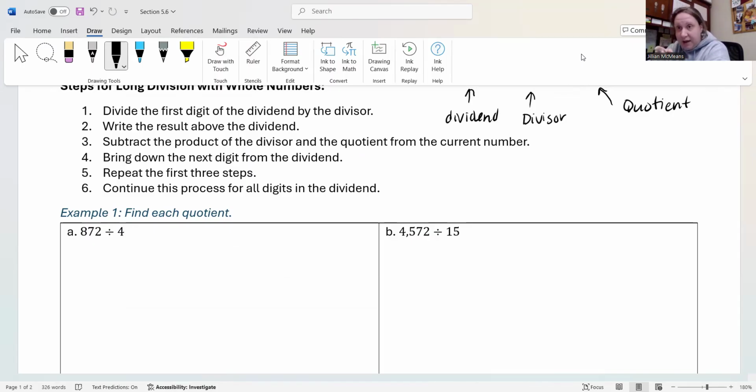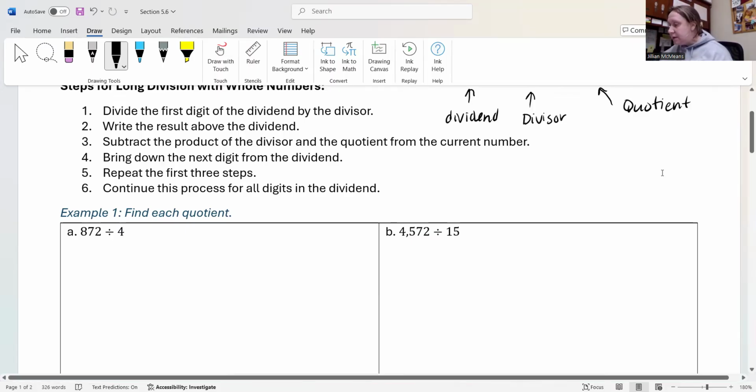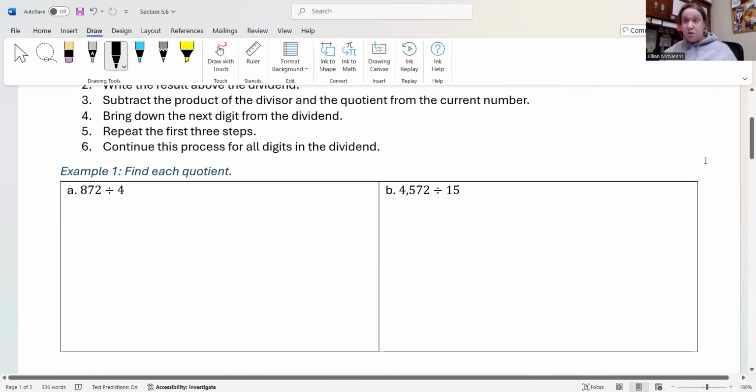Then you bring down the next digit and repeat the process, and again, until all of the digits have been brought down and you get a zero remainder, ideally. If you don't get a zero remainder, we have a way of dealing with that. Sometimes when you read the steps, they don't make much sense until you see them in practice. So let's do this. Remember, we're just doing numbers right now. We'll look at the algebra next.